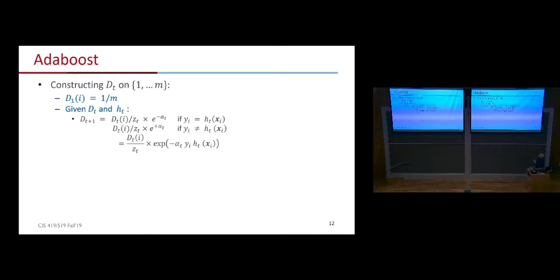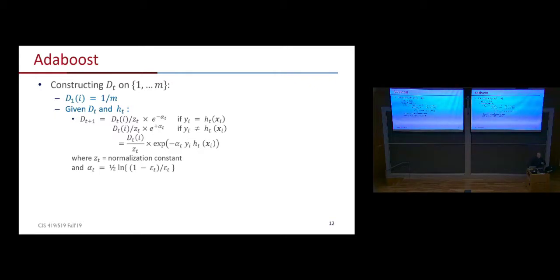Now, you know already that if this product y_i times h_t is positive, it means that we got it right. If this is negative, it means that we got it wrong, and therefore you get these two rules combined into this. Okay, so as I said, Z t is some normalization constant because we want D t plus 1 to be a distribution.